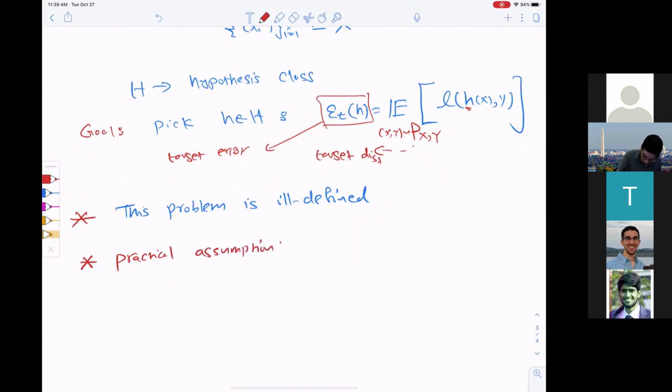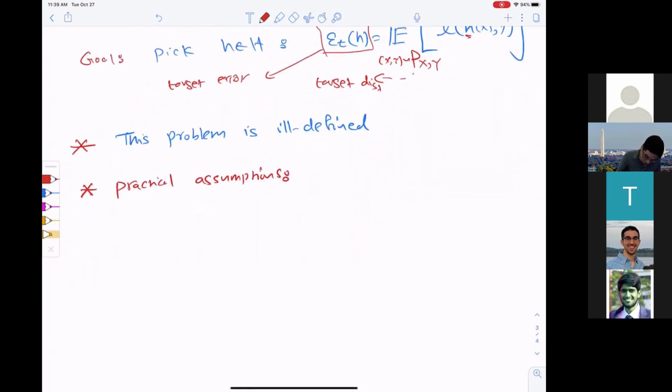The first assumption is about the type of labelings you can have for different images. That's called the covariate shift assumption.